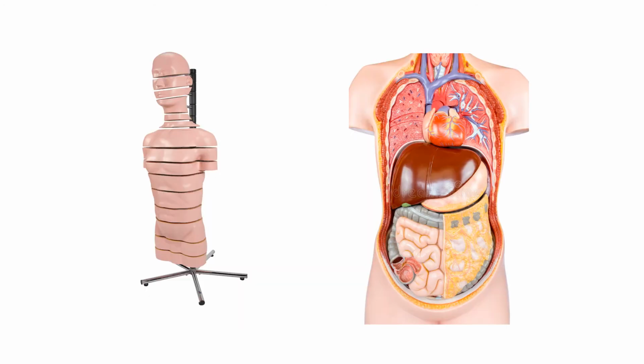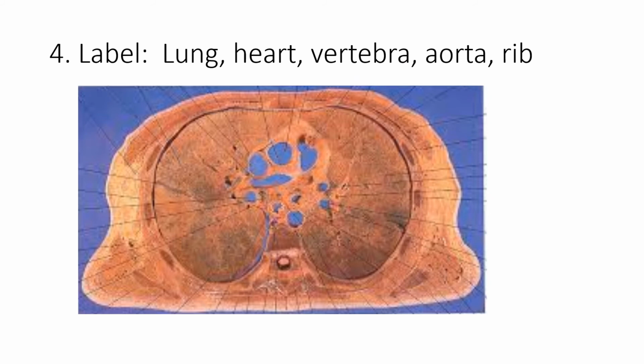Alrighty. So this next one here, we are going to be looking at a little bit of a higher cut now. So we're up here in the chest doing a cut across here. If we look at the slice of the human up in the chest, we notice great big lungs up here. Now let's look for the heart.